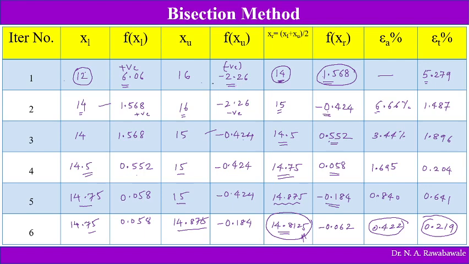Gradually we trap the answer between these upper limit and lower limit. So answer is 14.8125, which is between 12 and 16. So if we know true value, then we can find out true error. Otherwise this column is not possible to maintain in this solution. So this is the systematic way how we can simplify this problem.